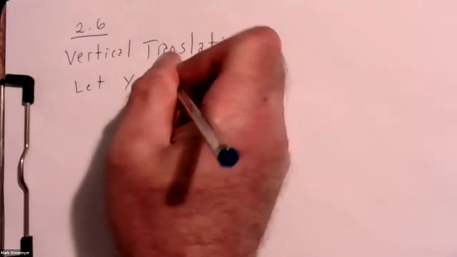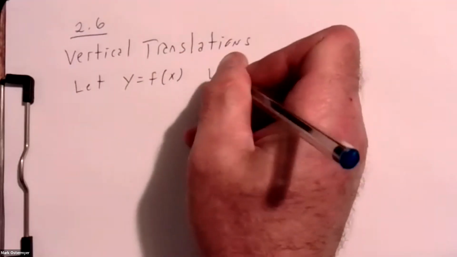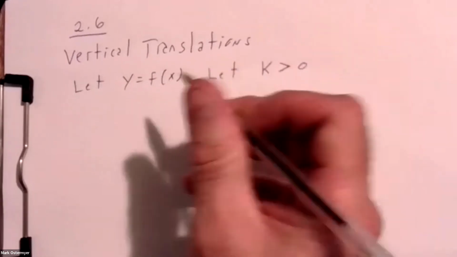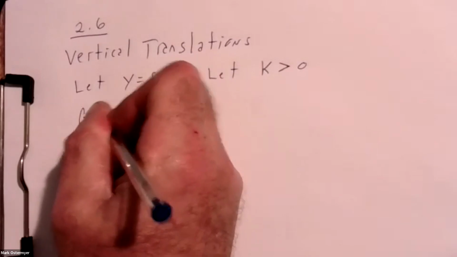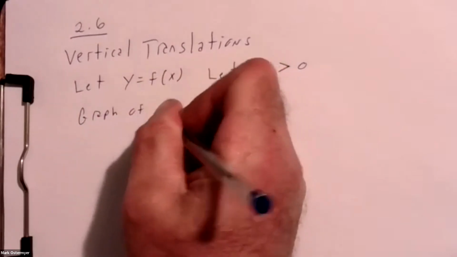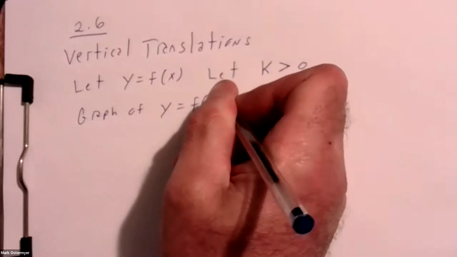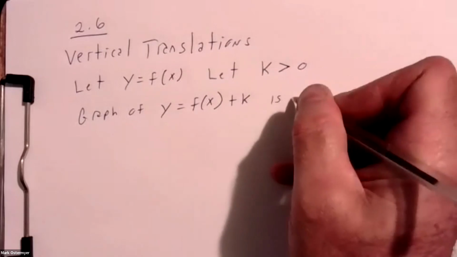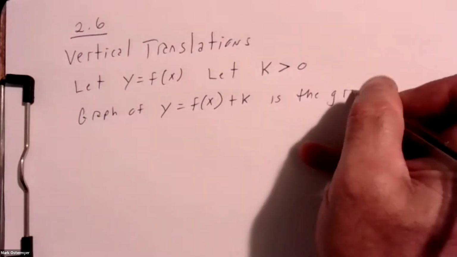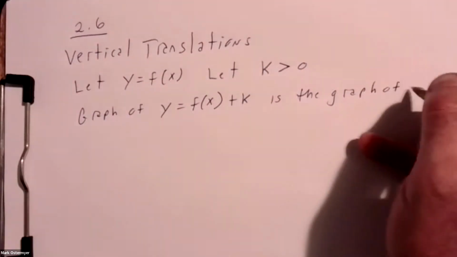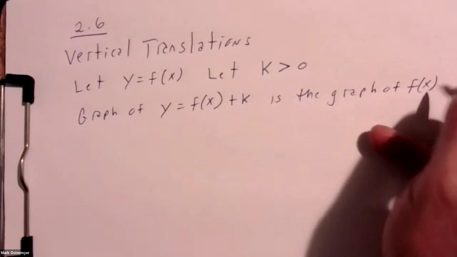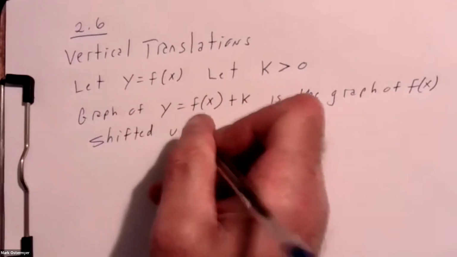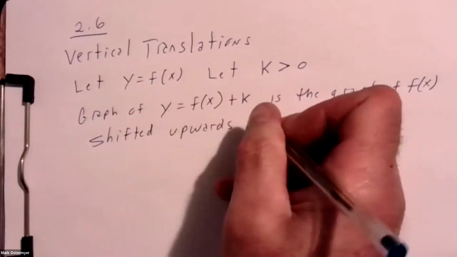Suppose y equals f of x is some function, and let's suppose that k is some positive real number. Then the graph of y equals f of x plus k is going to be the graph of f of x shifted upwards k units.